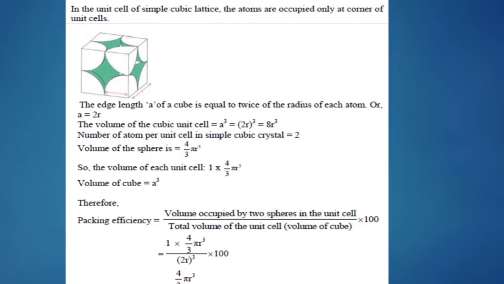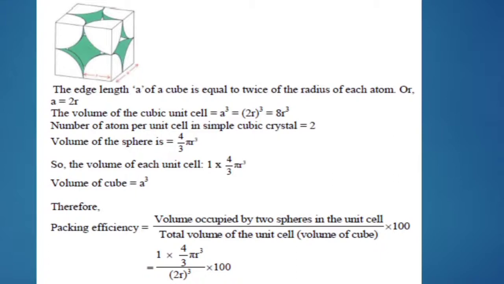Here the edge length is A and the radius of the sphere or atom is R. So A is equal to 2R, that is R plus R, 2R. The volume of the cubic unit cell is A cube. A is 2R, therefore (2R) cube is 8R cube.